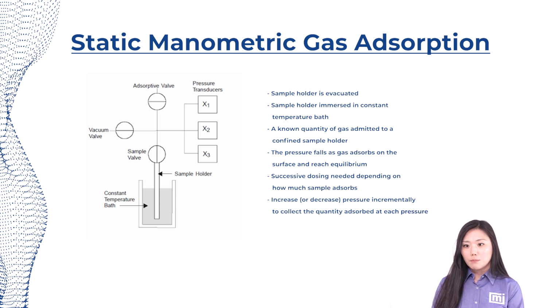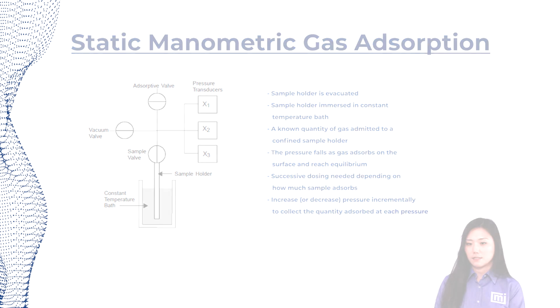Next, we dose the sample holder with a known amount of the adsorptive gas, and then the pressure falls as the gas molecules or atoms adsorb onto the surface, and we wait until it reaches equilibrium to take the data point. Some additional successive dosing may be needed depending on how much the sample adsorbs, and finally, we increase and decrease the pressure incrementally to collect an isotherm.